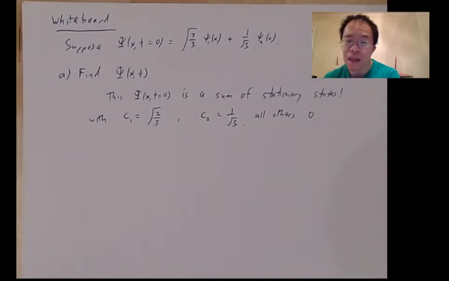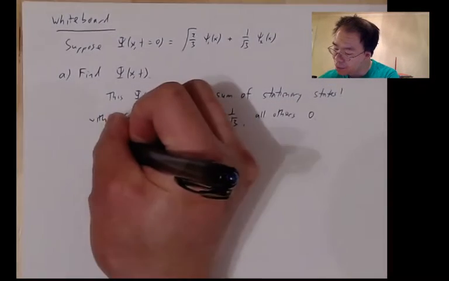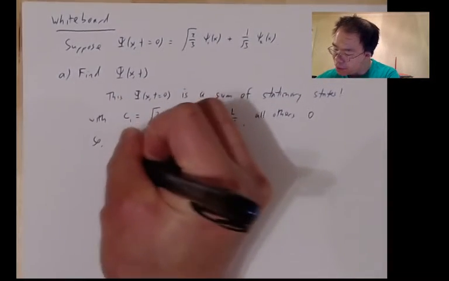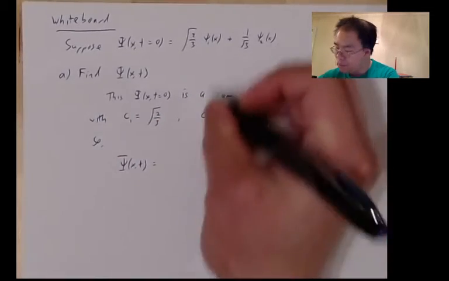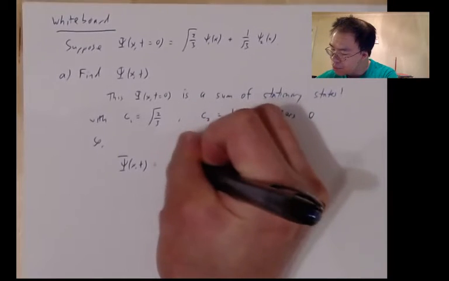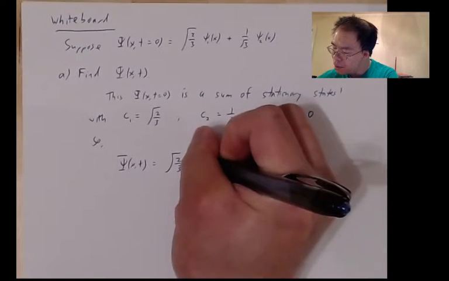So writing the result down, we get psi of x, t equals square root of 2/3.